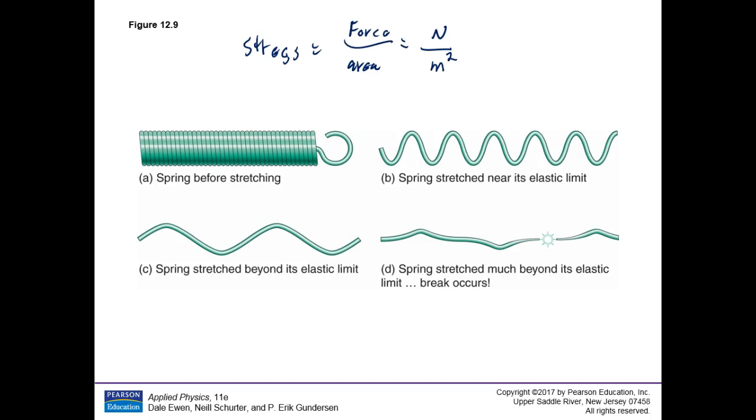That's about a square meter. That's a big area for a very small force. So a stress is measured in newtons per square meter. That unit is a tiny, tiny unit, so the numbers get to be quite large.